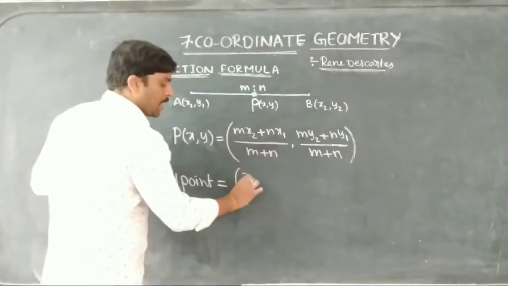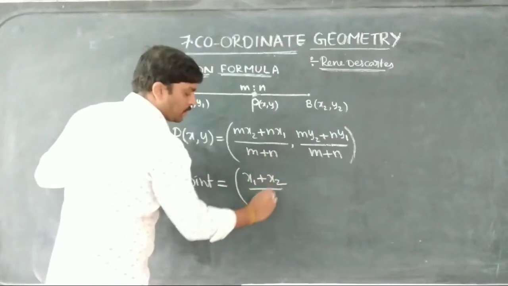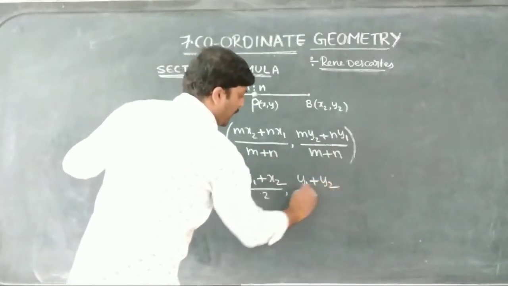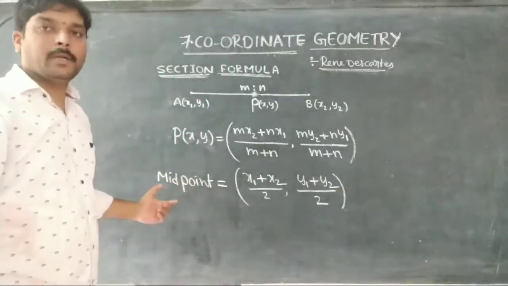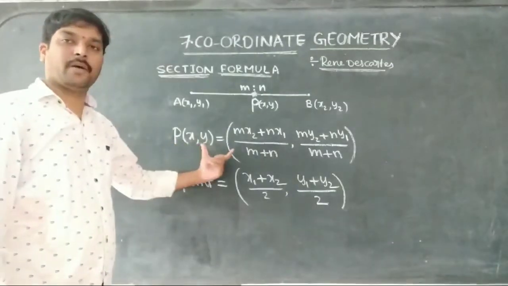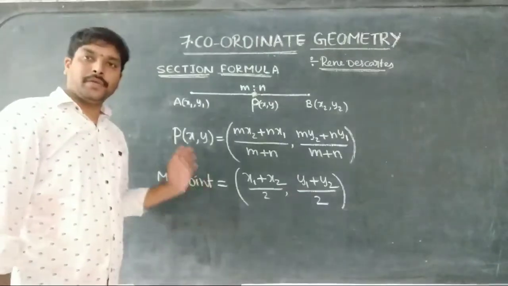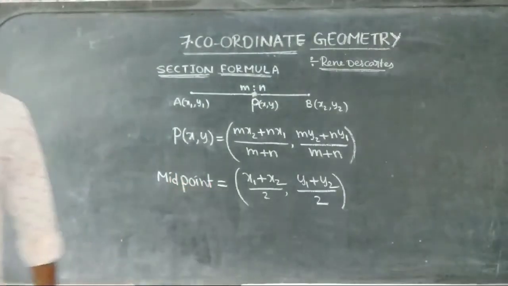So that is (x1 plus x2) by 2, and (y1 plus y2) by 2. This is called the midpoint formula, from the section formula. So we need these formulas to do exercise 7.2.